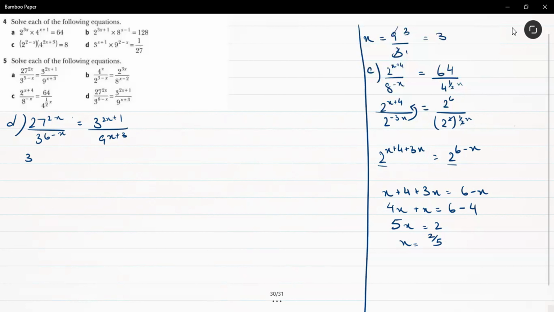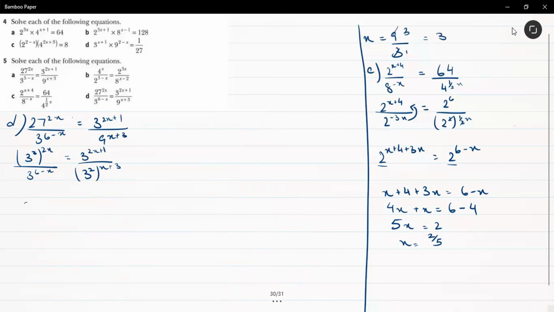First of all, 3 raised to the power 3 multiplied by 2x divided by 3 raised to the power 6 minus x is equal to 3 raised to the power 2x plus 1 divided by 3 raised to the power 2 multiplied by x plus 3.